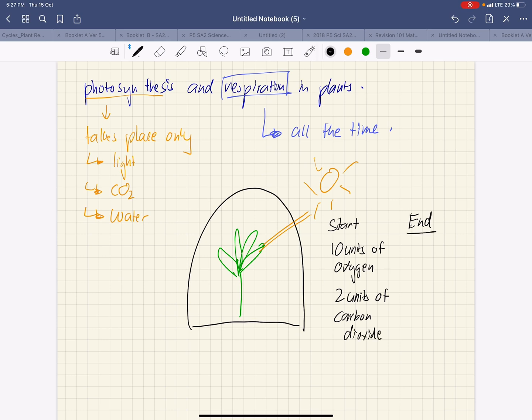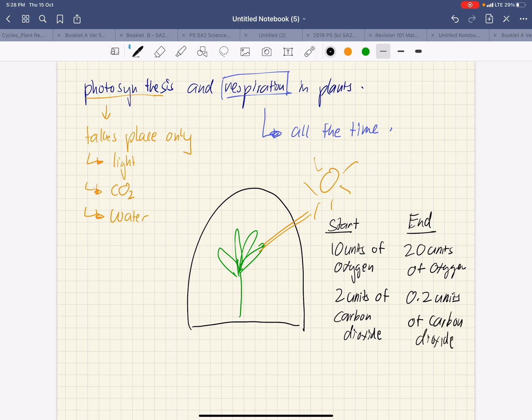And at the end of the experiment, you realize that there becomes something like 20 units of oxygen and maybe just 0.2 units of carbon dioxide.